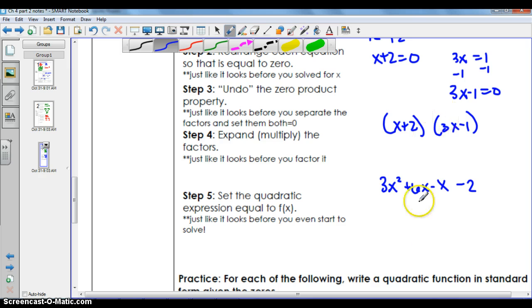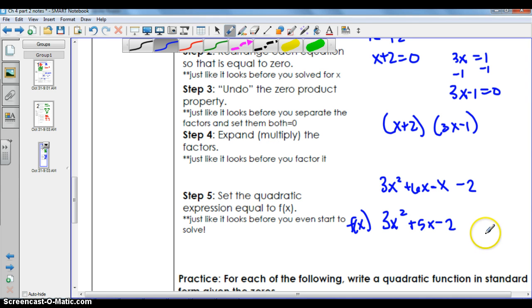When we FOIL it, you can put your lines if you need to. Combine like terms. So 6 and, let's see, 6 and should be -1. There we go. Yep. And we have f of x.